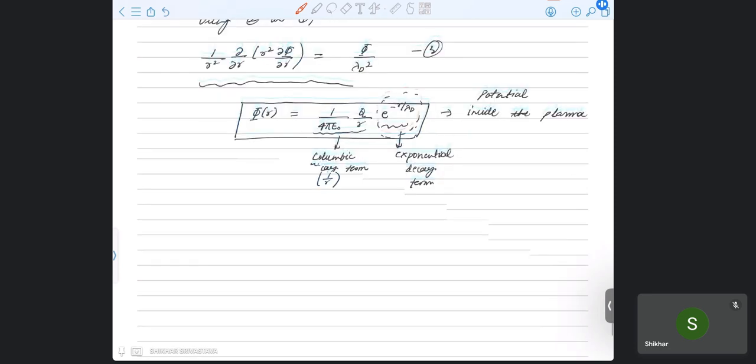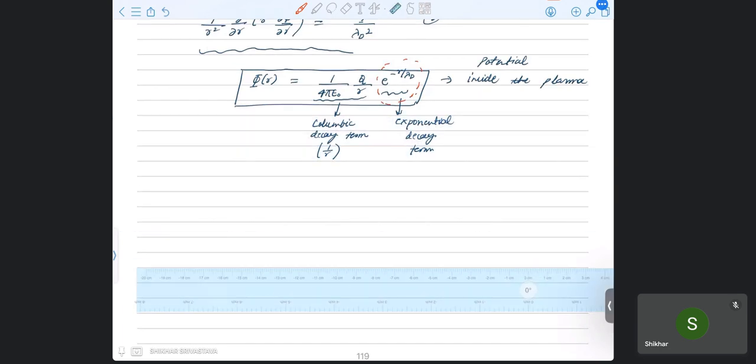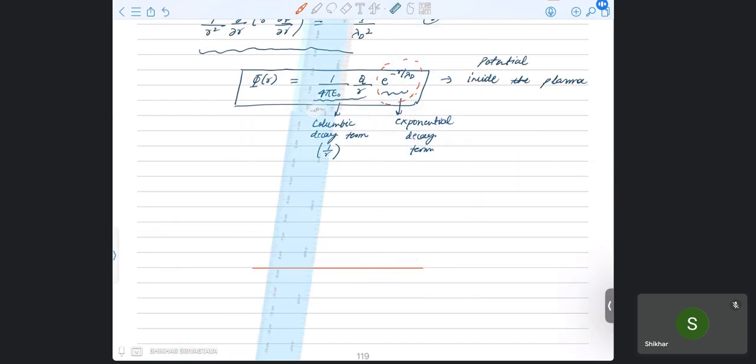The significance is this: suppose on the x-axis you have radial distance r, and on the y-axis you have phi. Initially the potential will decay like this up to a length called lambda D, the Debye length.